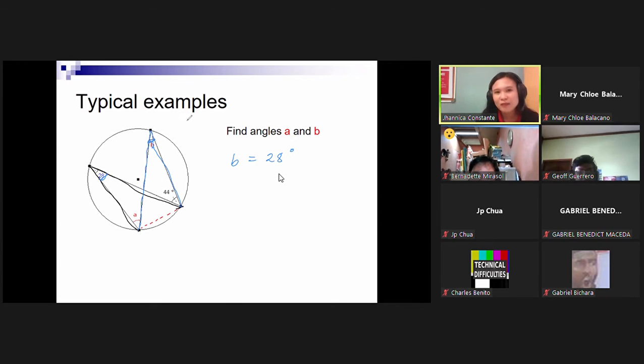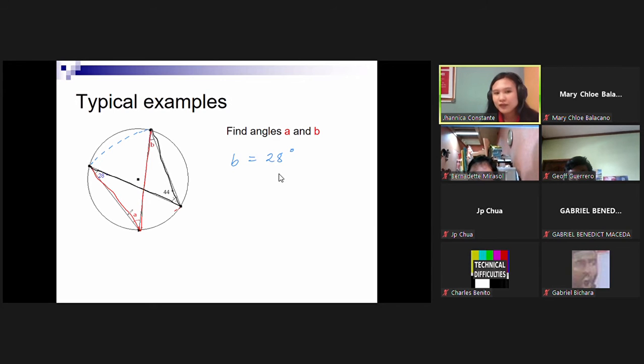So let's try with angle A. Let's say I'm going to draw another chord, an imaginary chord that you can draw. We have angle A, another angle whose measurement we don't know, and we have a triangle that has an angle which measures 44 degrees.